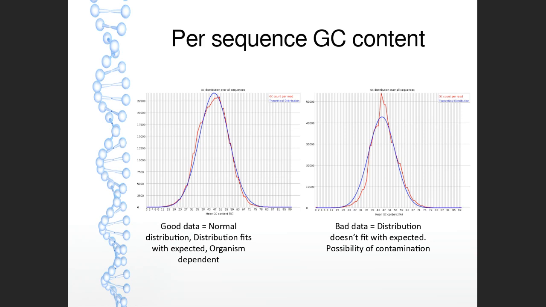As you will be aware, GC content within the genome of any particular organism can change, and you should be aware of this when working with a particular organism, what kind of GC content you would be expecting. And when we come to assess our read quality, we would expect all of our reads to fall within that normal distribution around a peak expected for our organism.